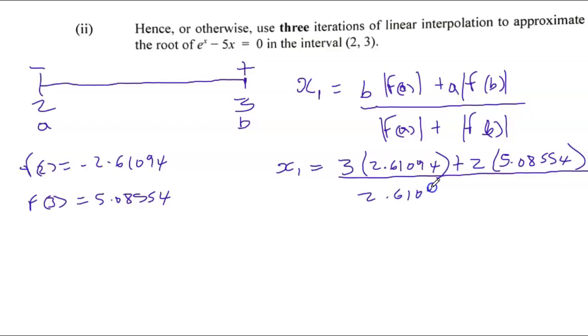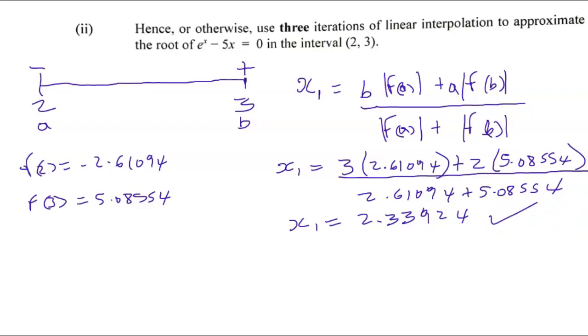So 2.61094 plus f(b), 5.08554. We can punch that in the calculator, and we end up with 2.33924. That's the first iteration, the first time we use the formula.